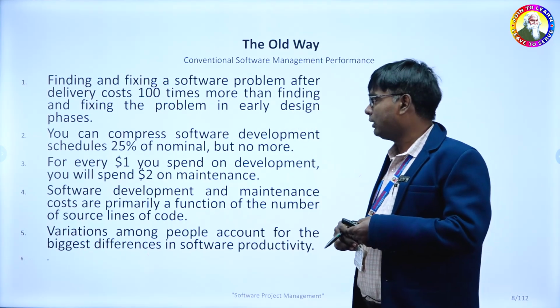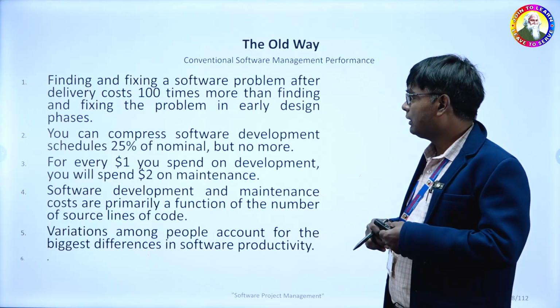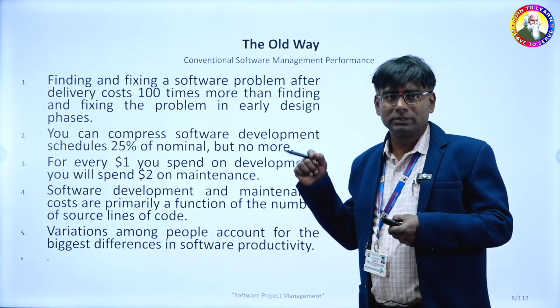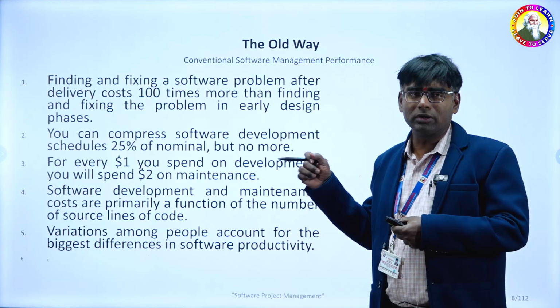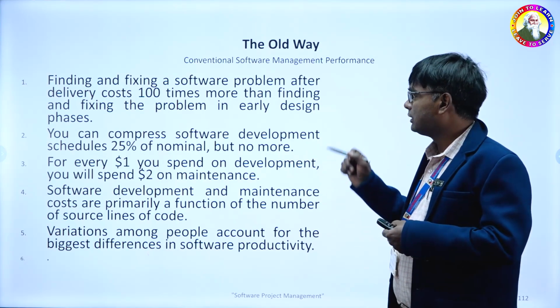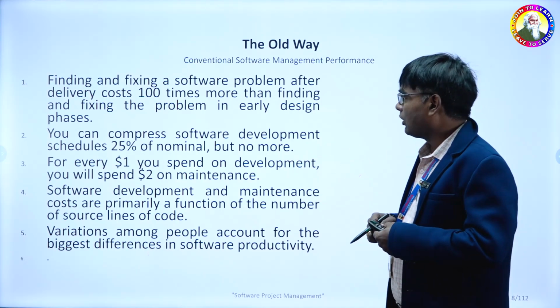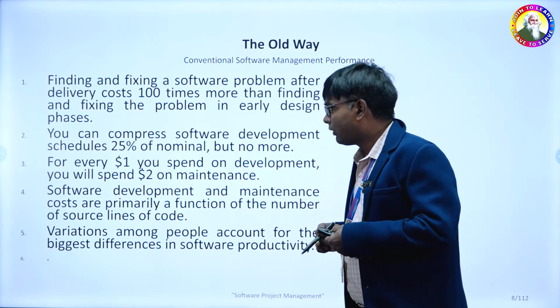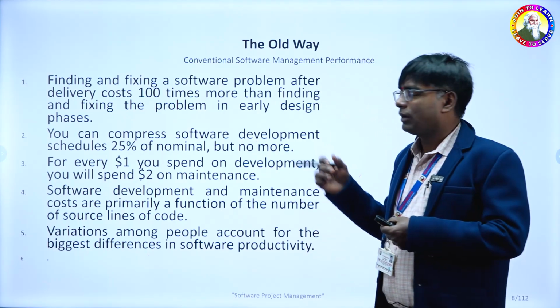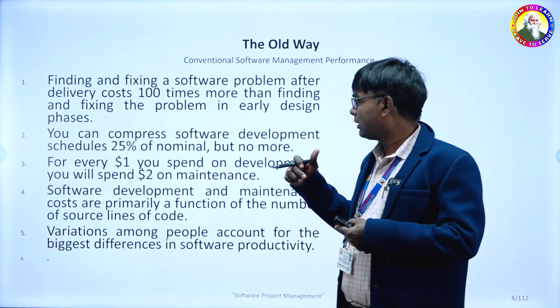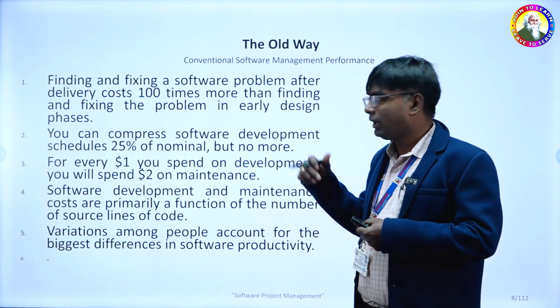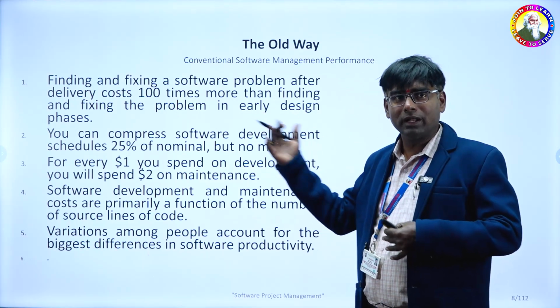But coming to the next point, for every $1 you spend on development, you will spend $2 on maintenance. So when there is a software product in your hands, there is a cost accomplishment, but maintenance cost is more, maybe doubled.